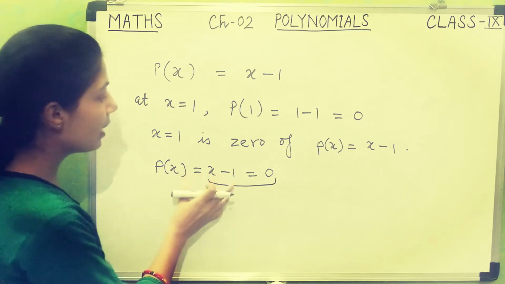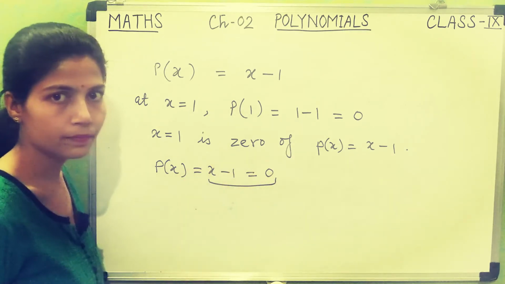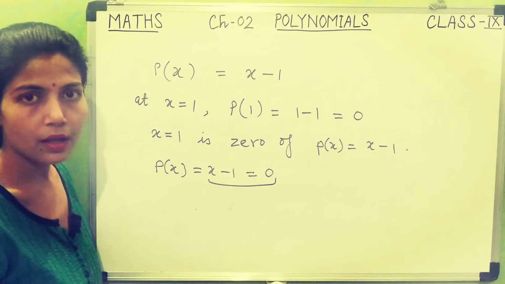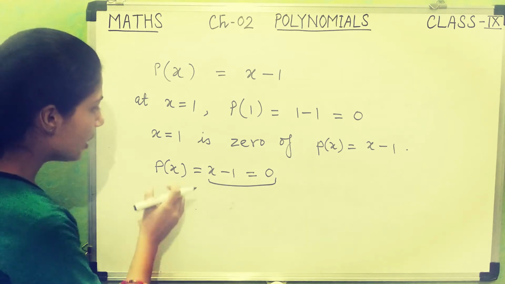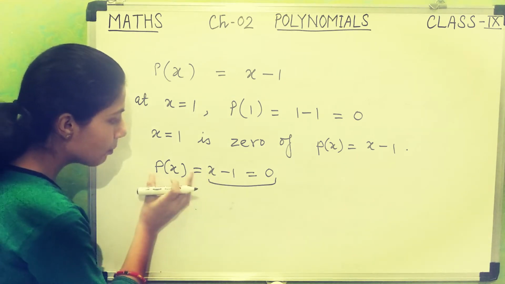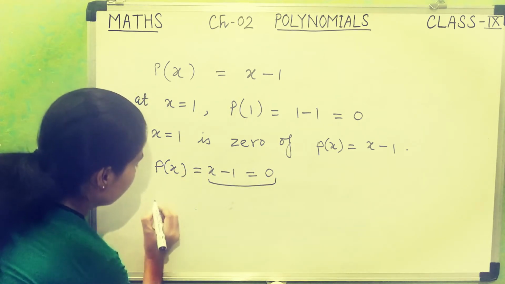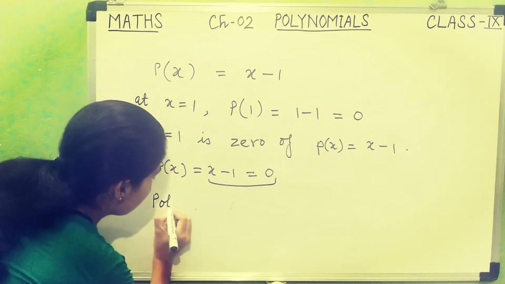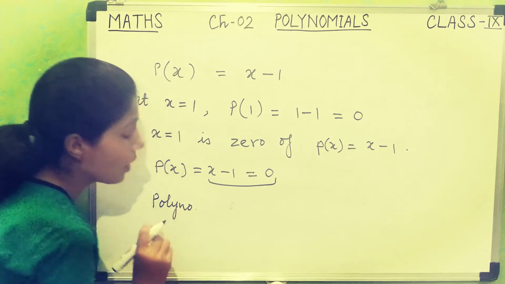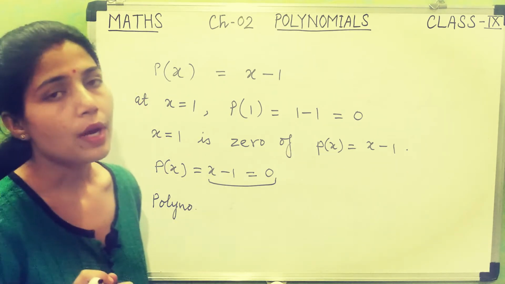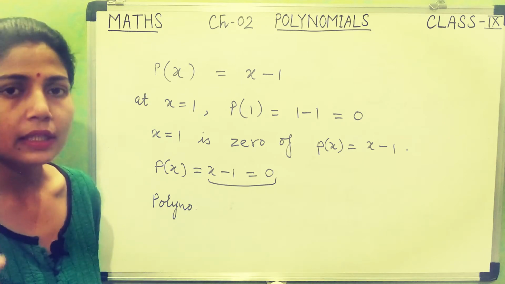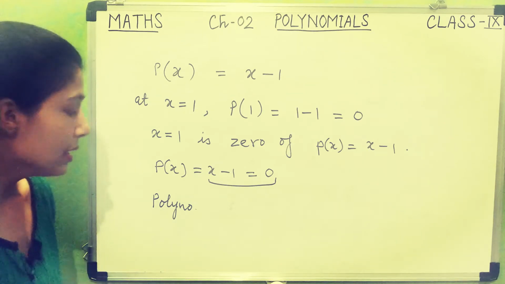You are equating a polynomial with 0, so it becomes an equation. Because we are equating a polynomial with 0, this is called a polynomial equation. If you equate any polynomial with 0, then it becomes a polynomial equation.